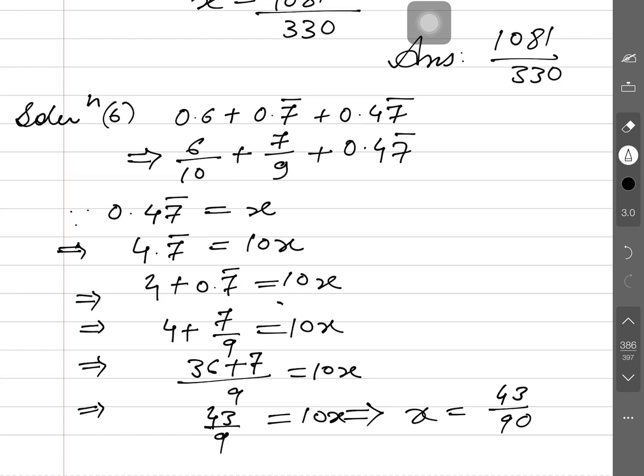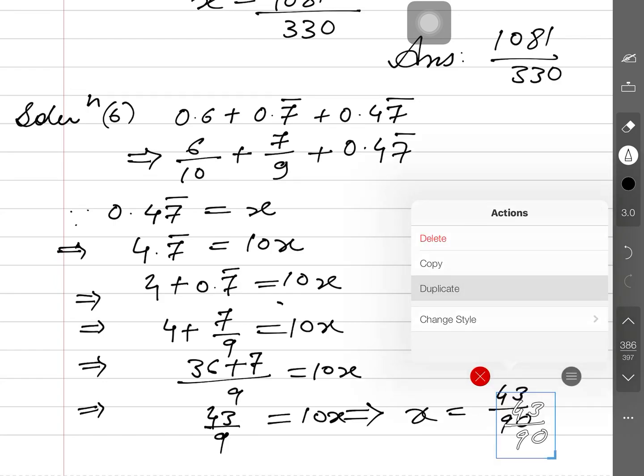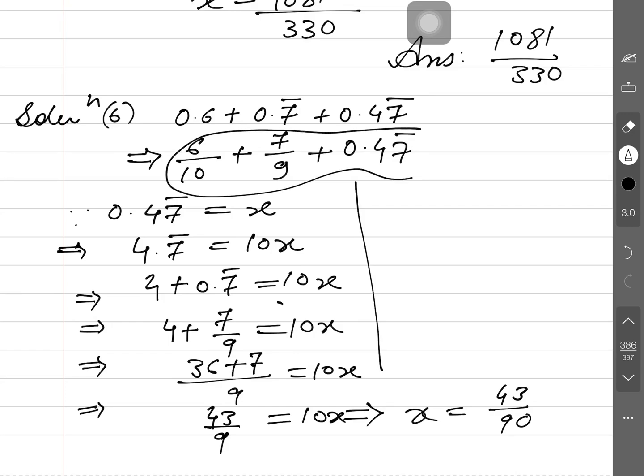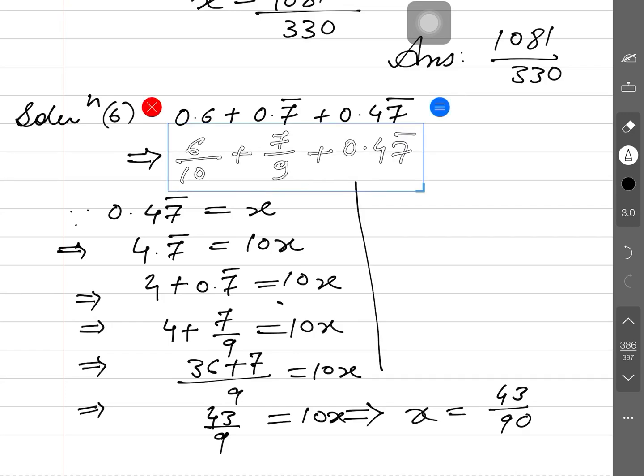Okay. Now, this value is to be put here. Here means where? The next is to be done later. So, you can perform this operation. This whole term is to be carried, right.